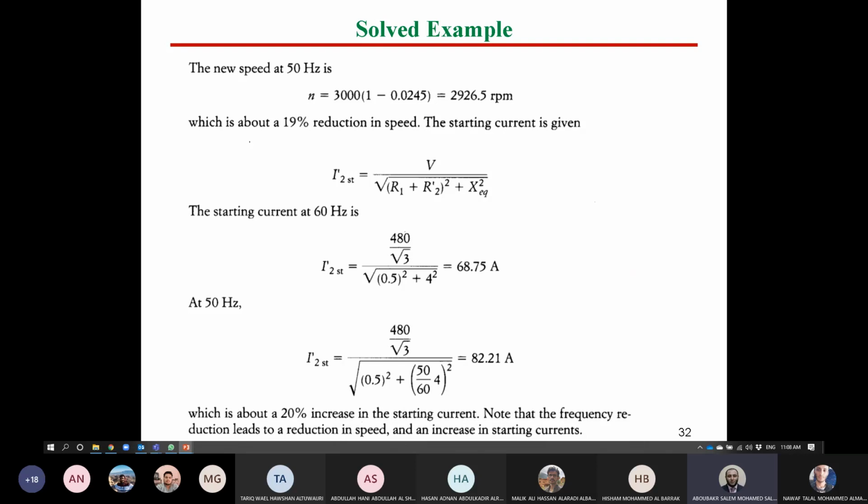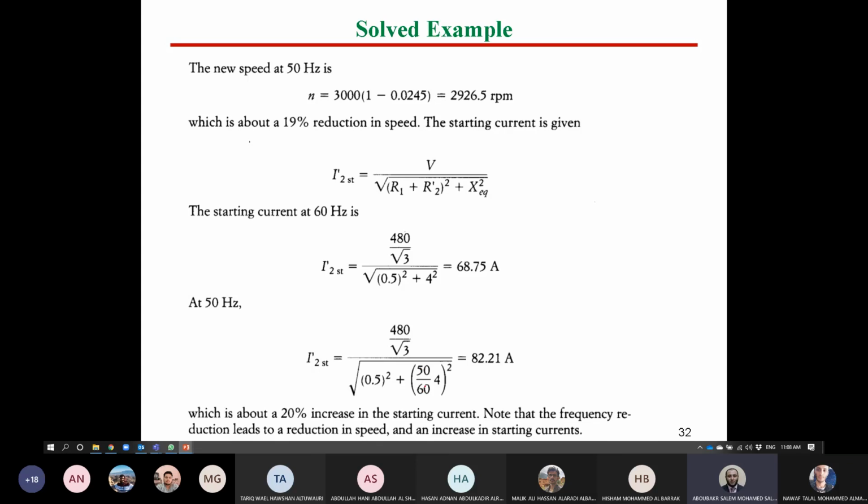So simply we can substitute in the equation of current, I equals V over Z, at S equals unity, because this is now the starting current, and the value of X equivalent should be calculated at the new frequency. X was given, I believe, 4 ohms. So for 50 Hertz, we should multiply by 50 over 60.